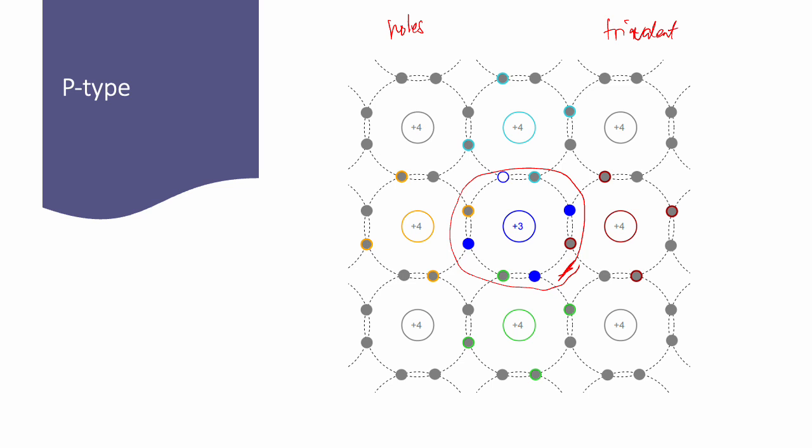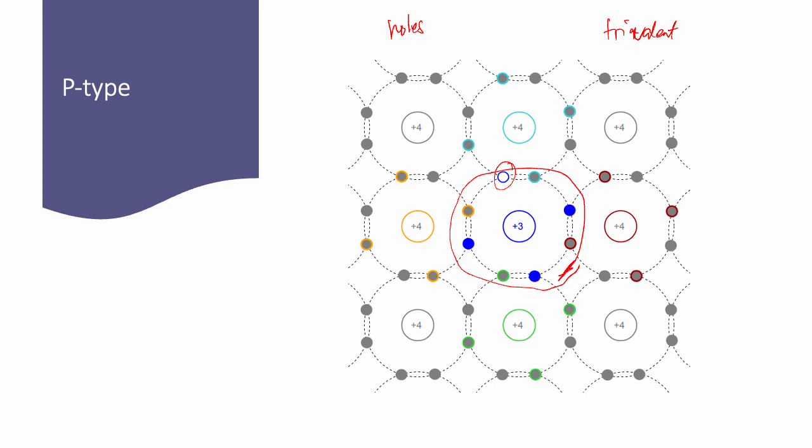These dopant atoms replace some of the silicon atoms in the crystal structure, and because they have one less valence electron than silicon, they create a hole or empty space in the crystal lattice, and these holes act as positive charge carriers.